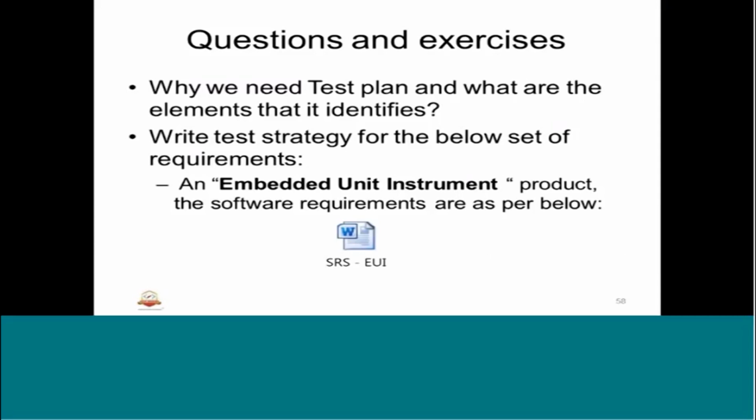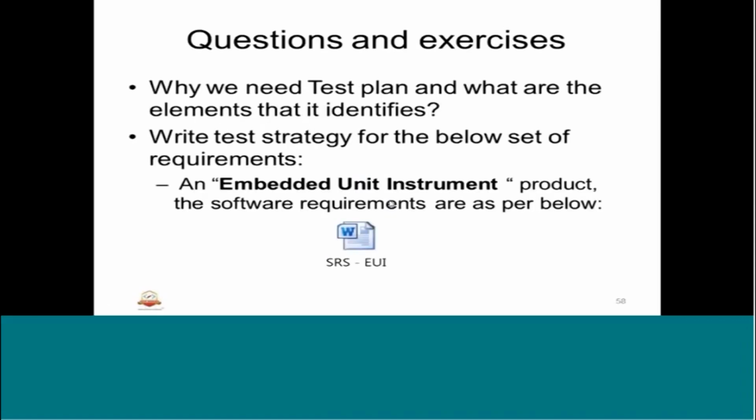Another simple question: write a test strategy for the below set of requirements. You know what a test strategy is by now, and you should write a test strategy for testing the below requirement. The requirement is attached here. It is an embedded unit instrument, a UI product; I just put an example. The software requirements are as per this. So we should have a test strategy.